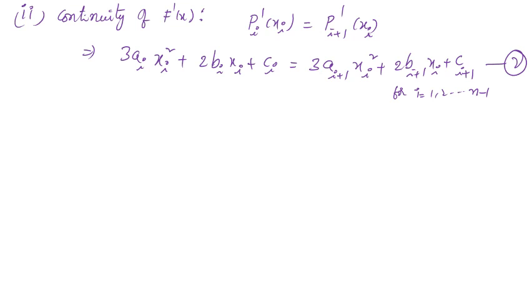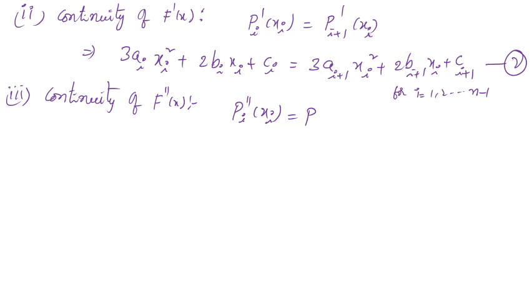That is the second condition and second equation. The third condition is continuity of f double dash x. What is the meaning of this? P double dash i of xi equals P double dash i plus 1 of xi.